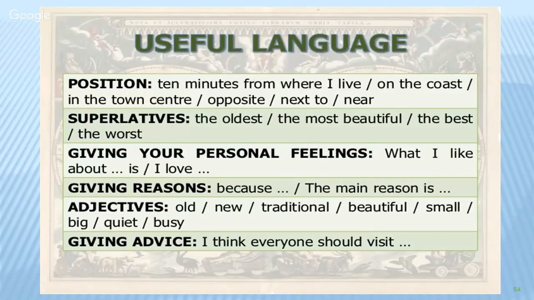Giving reasons: because, the main reason is why I liked it. Adjectives: old, new, traditional, beautiful, small, big, quiet, busy. Giving advice: I think everyone should visit. So after you describe the place, you can conclude by saying everyone must see that place once, it is that good.